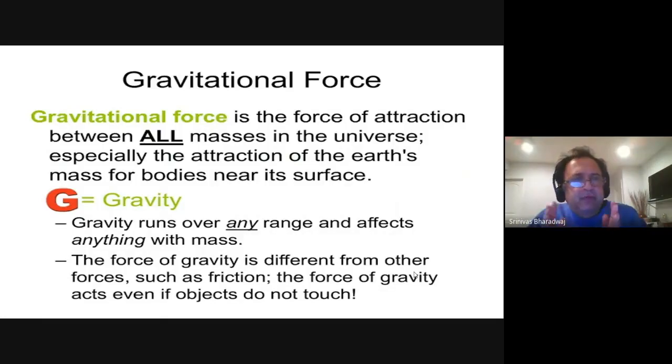Most often, when you solve problems which don't deal with big masses, in the context of a table, inclined plane, etc., we are only talking about the gravitational force of the earth on a body. Every body is attracted by the earth. So that is gravitational force.